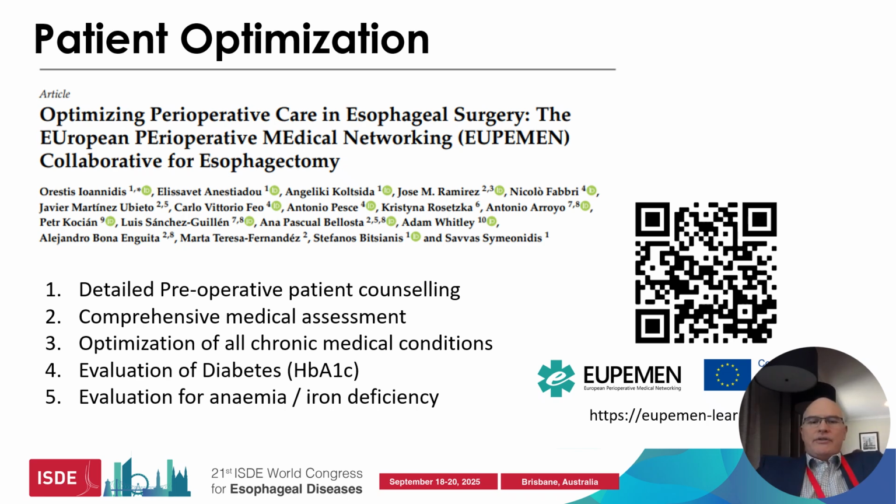This is a really good resource which has just been published: the EU PEMN optimization for esophageal surgery. It has different aspects, including very detailed patient counselling, comprehensive medical assessment, optimization of all chronic medical conditions, in particular diabetes, and in particular correction of anemia and iron deficiency.